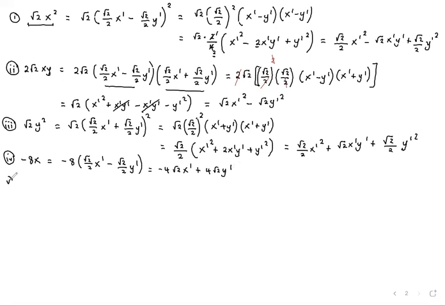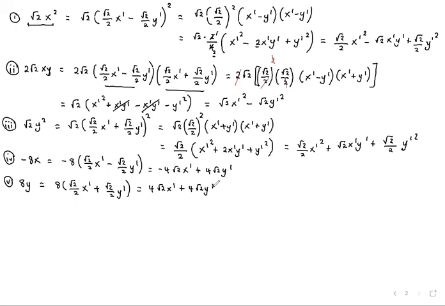And then 5, we have 8y. This is 8 root 2 over 2 x prime plus root 2 over 2 y prime. So this is 4 root 2 x prime plus 4 root 2 y prime.